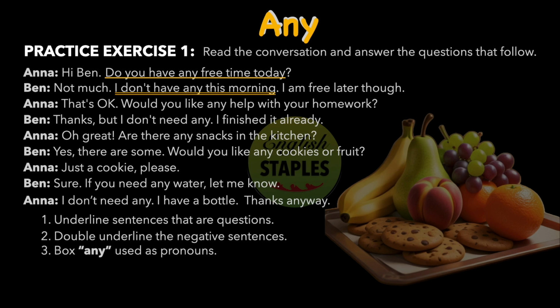Box any used as pronouns. So whenever you see the word any and it's being used as a pronoun, put a little box around it. I totally agree here. I don't have any this morning.